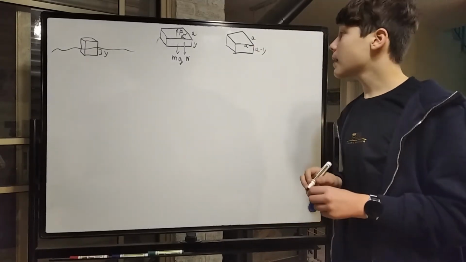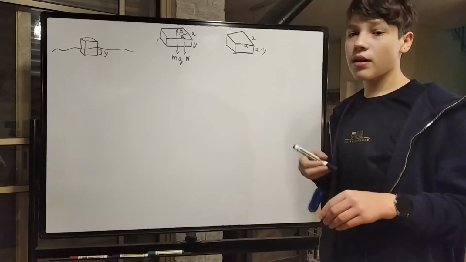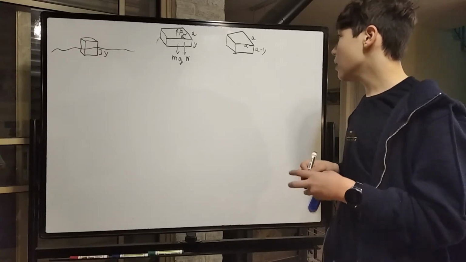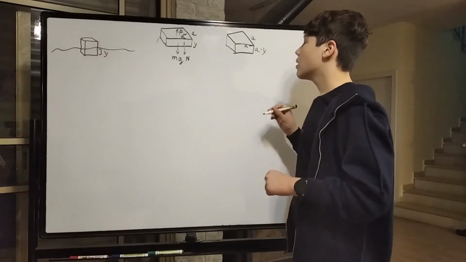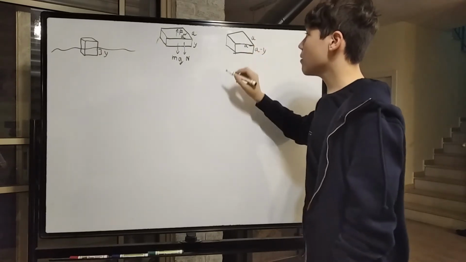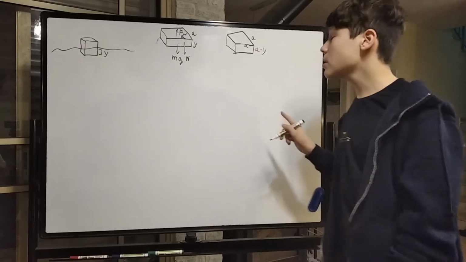And now, because this is outside the water, we will ignore pressure from the air and all that. But what we know is that there are only two forces applied on this.